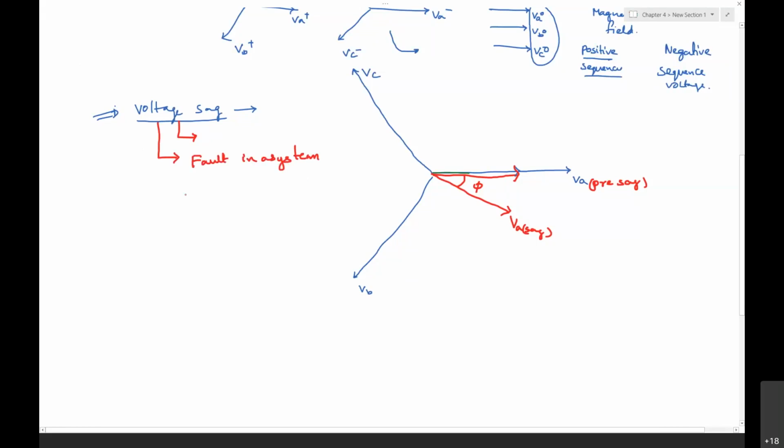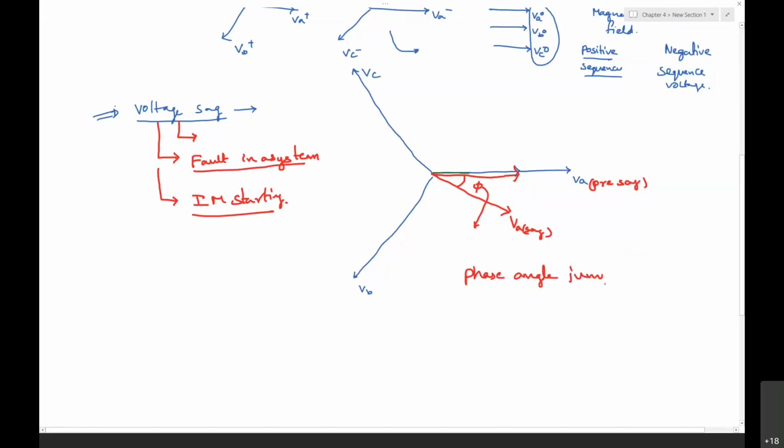This particular sag is also going to occur due to induction motor starting. With respect to magnitude, these are the causes: a fault in a system and induction motor starting. What are the reasons for the phase angle jump?